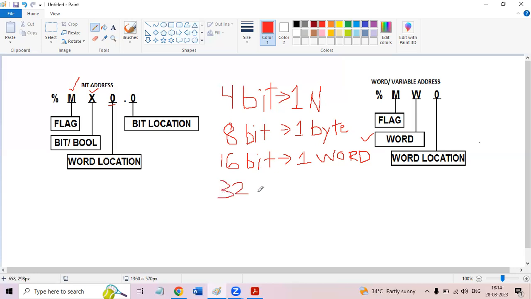When you combine 32 bits, what does it form? 32 bits equal to 1 double word, D word.